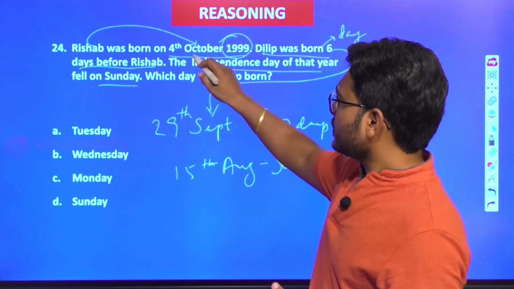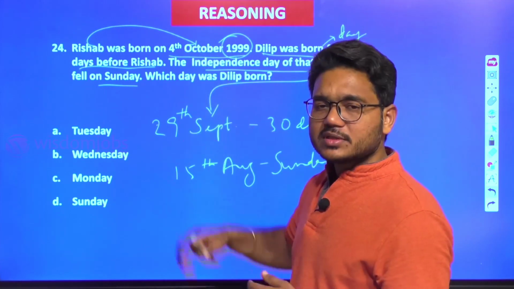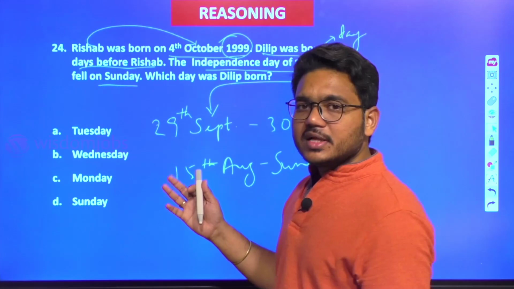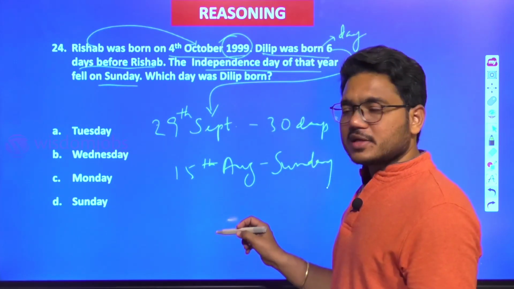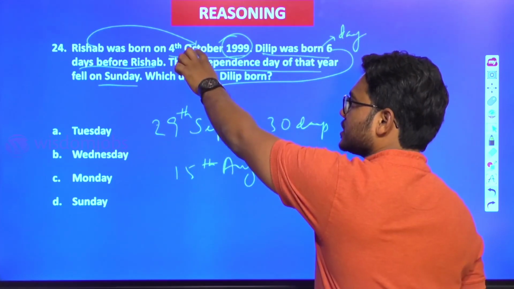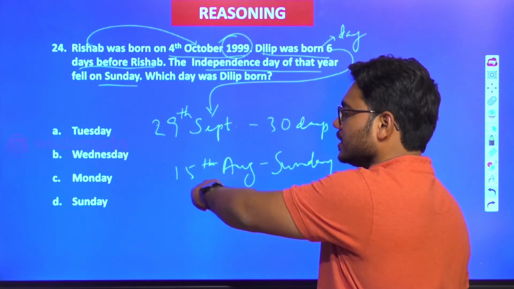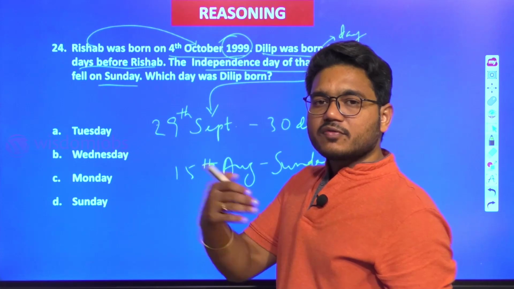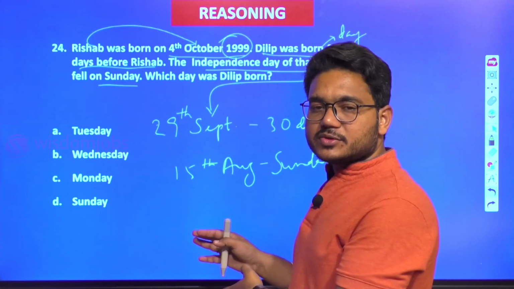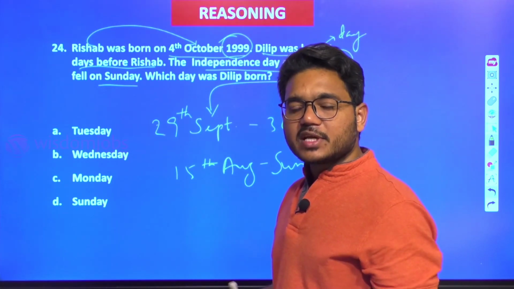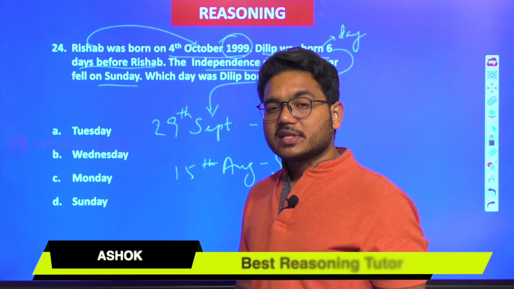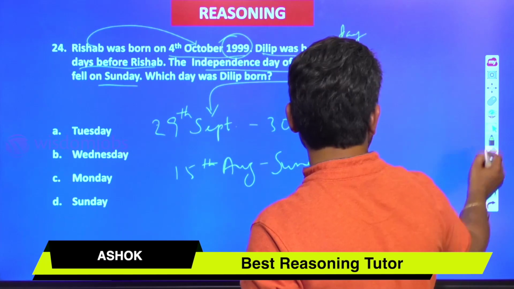If you know the day of 4th October, it is much easier, but it is not given. The day is given with respect to 15th August. So first we identify 29th September, and with respect to this date we need to identify the number of days between them. Based on that we can easily identify the day. Okay, so let us see this.